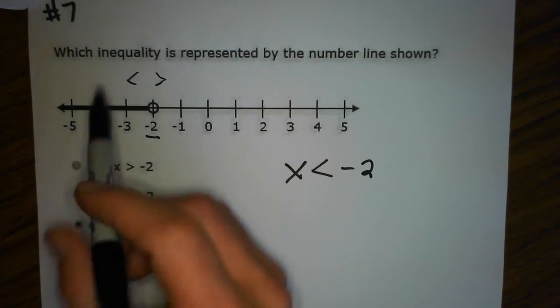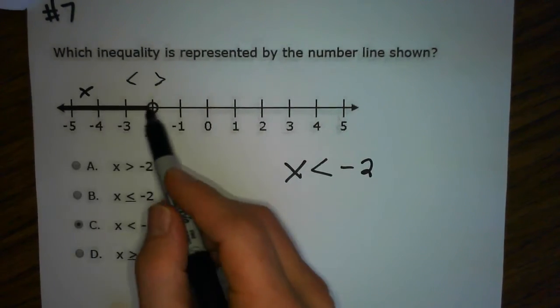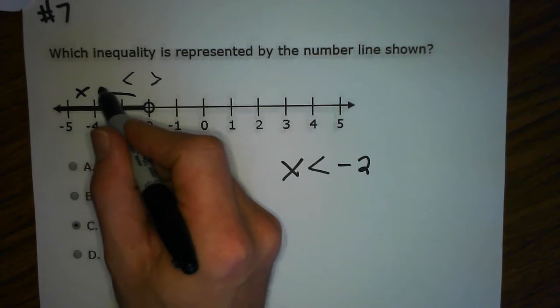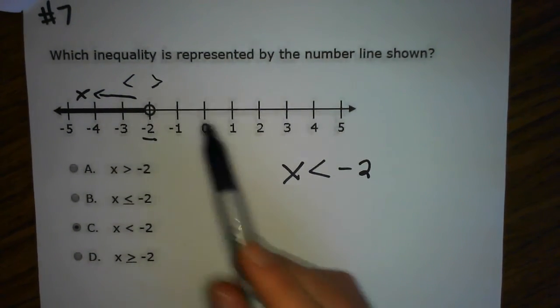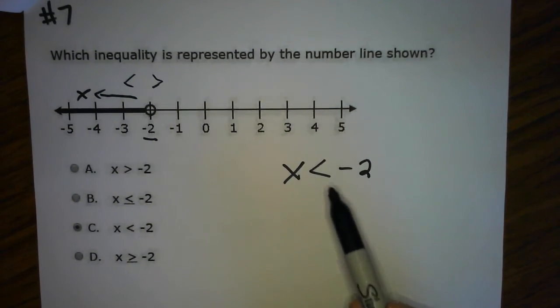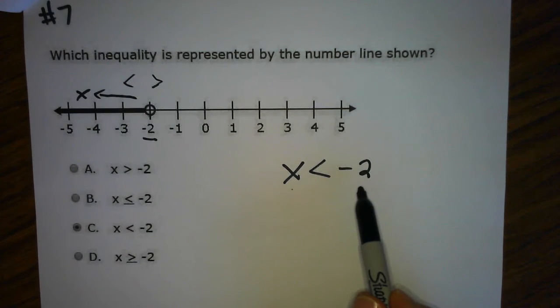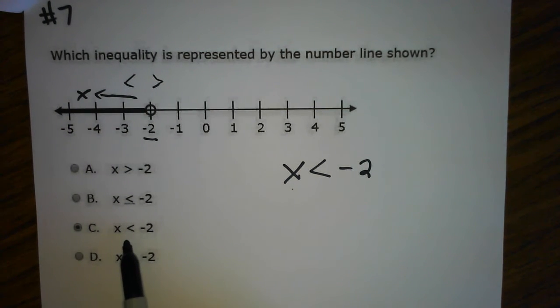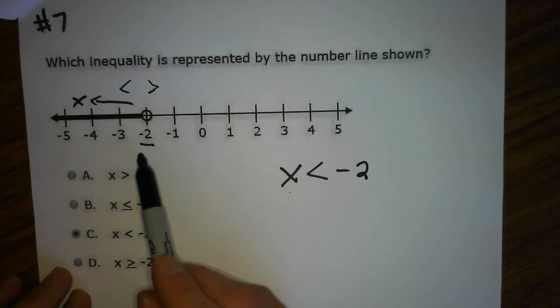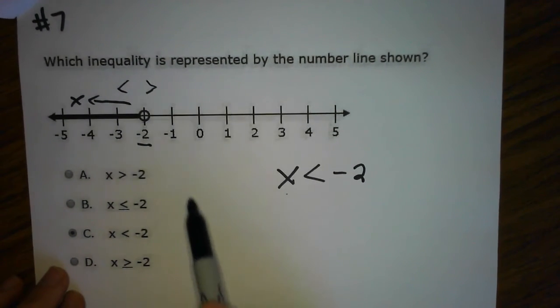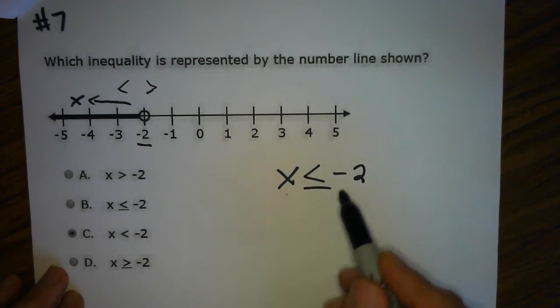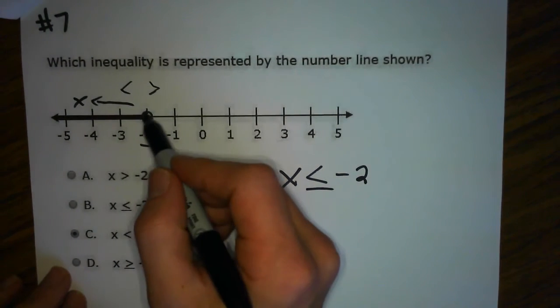Wherever that x number is, it's in this direction of negative 2. X is less than negative 2, and that's your answer, C. Again, x does not include negative 2. If this said x is less than or equal to negative 2, the circle should be filled in.